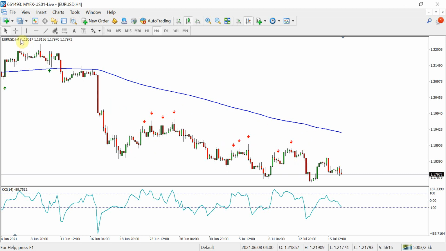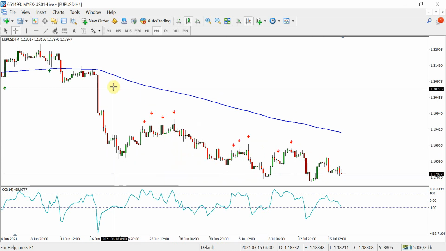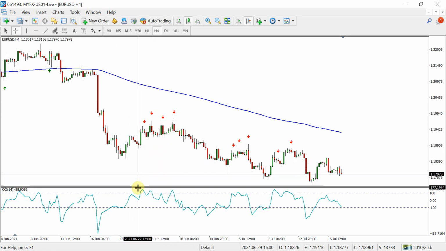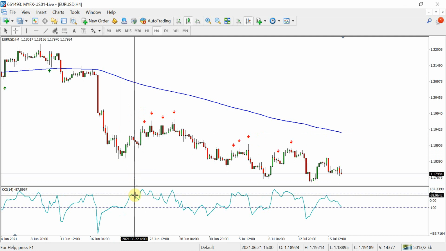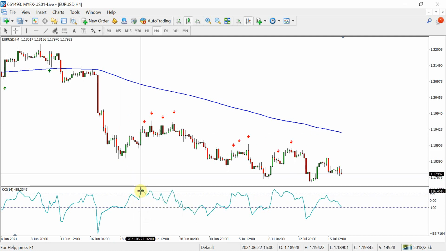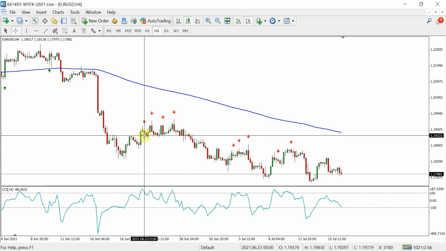The way it works is if price is below the MA, as you can see here with the 200 moving average, it is looking for where price is overbought. When it goes above your set criteria of 100, and then drops back underneath 100 at this level here, it will print a down arrow.